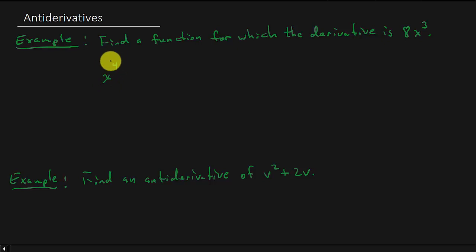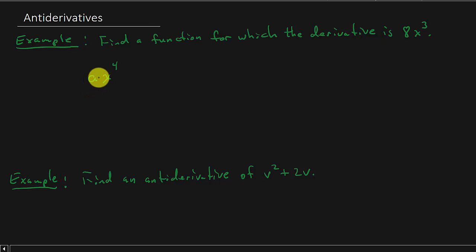And then when we bring this 4 down and multiply it to whatever number is in front of x, that has to equal 8, okay? So what would have to go here? Well, that's what we need to find.